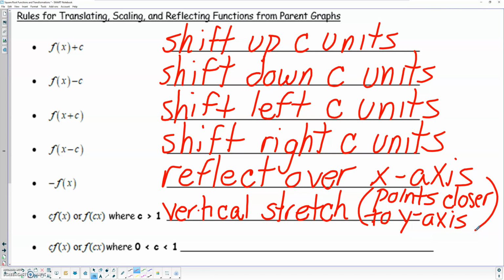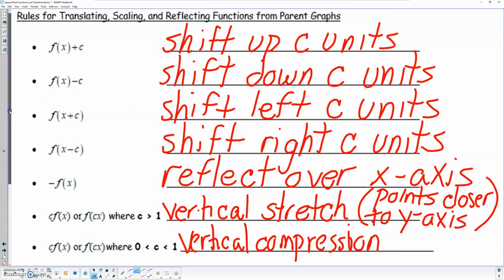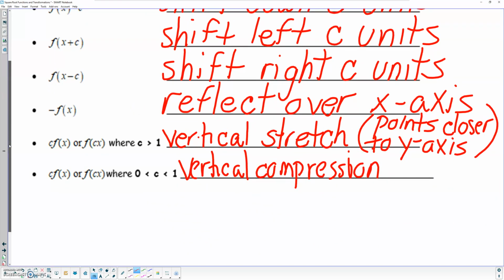All right, when you multiply by a number greater than 0 but less than 1, so by a decimal or a fraction, we call that a vertical compression. In a vertical compression, the points move further away from the y-axis.